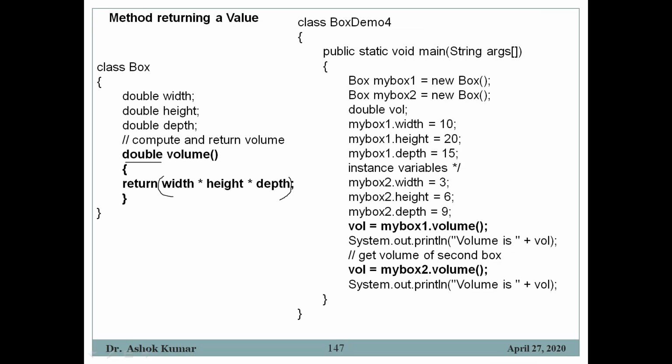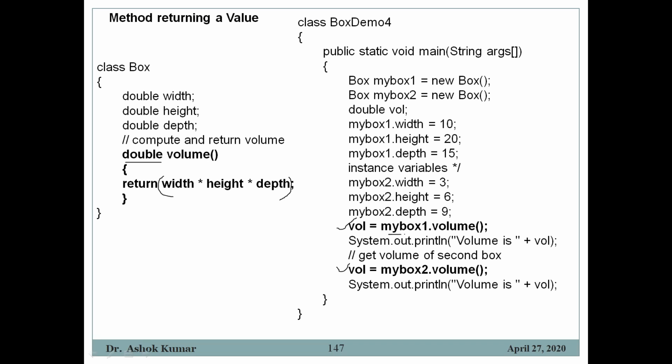So the important point is these two lines. I am going to explain these two lines only. The first is the calling of the volume method, as we discussed in the previous slide. Whenever you want to call the method of a class, you have to first use the object name, then the dot operator, and after that the method name.